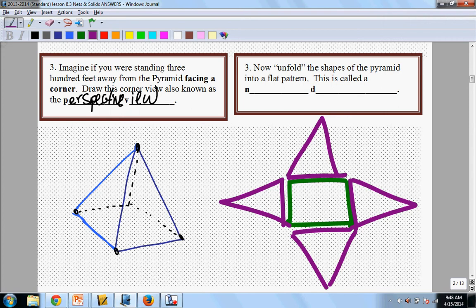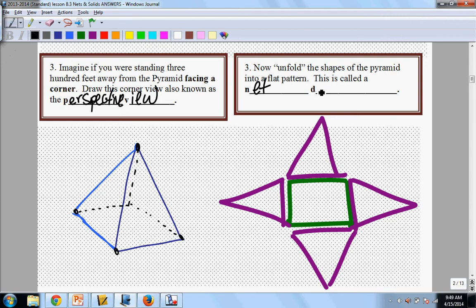This is called the net view. Did you draw it unfolded? Okay. This is called the net view.